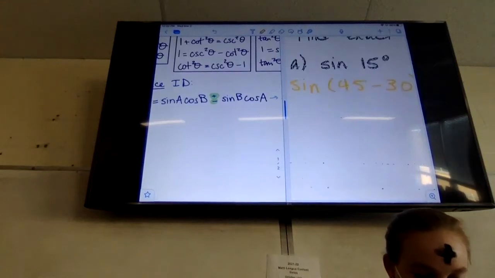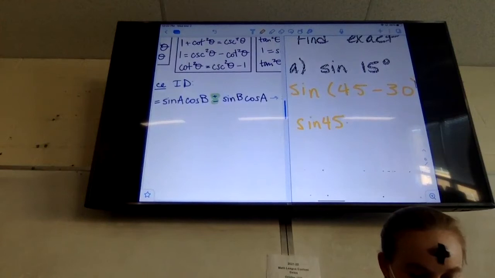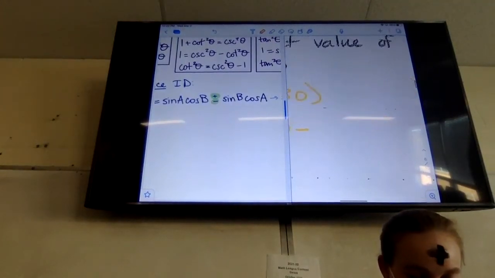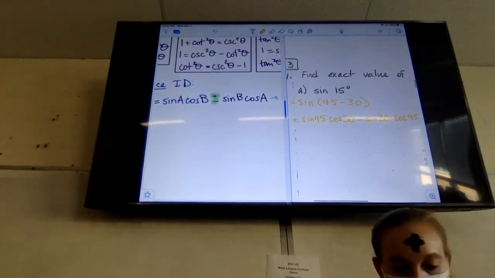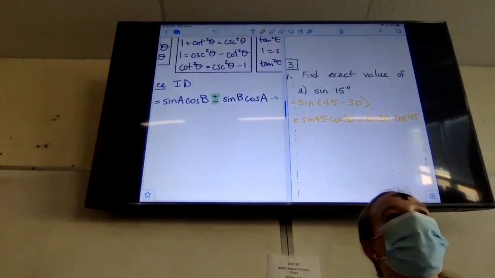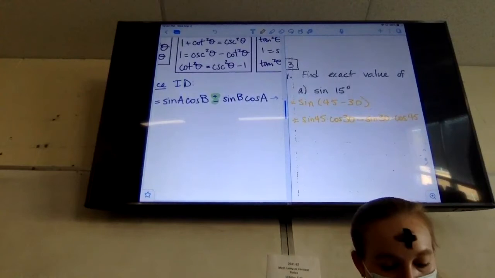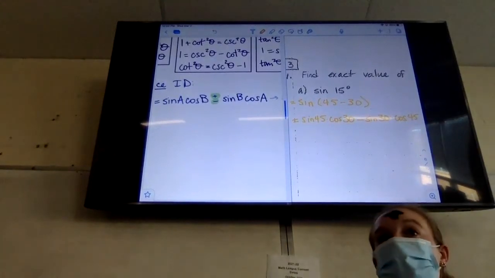So let's break it apart: sine of 45 times cosine of 30 minus sine of 30 times cosine of 45. Now we actually know those numbers, right?